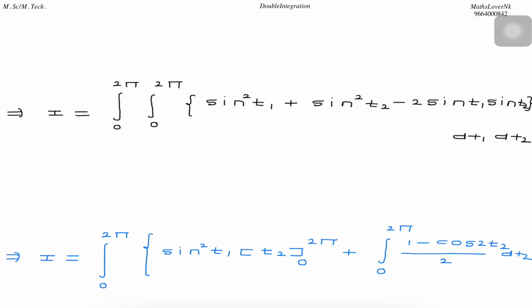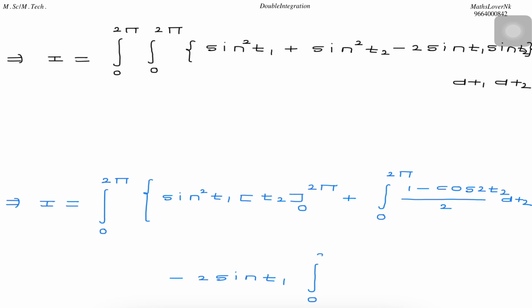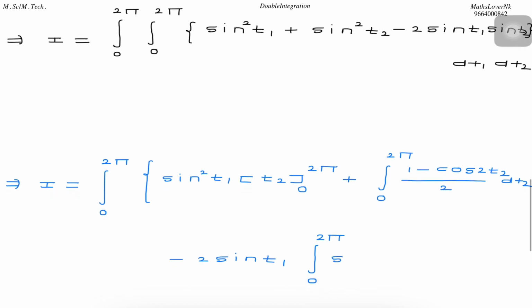Then minus 2 as it is, sin t1 as a constant because we integrate with respect to t2, integral from 0 to 2π of sin t2 dt2, into dt1.